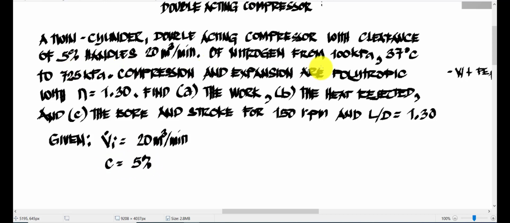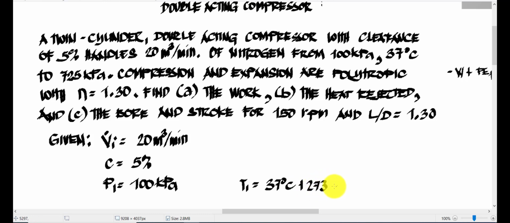Then during the suction stroke we have P1, which is 100 kPa. Then the temperature corresponding during the suction stroke, T1, is at 37 degrees Celsius. I'm going to add the 273 to convert it to Kelvin, so we have 310 Kelvin.